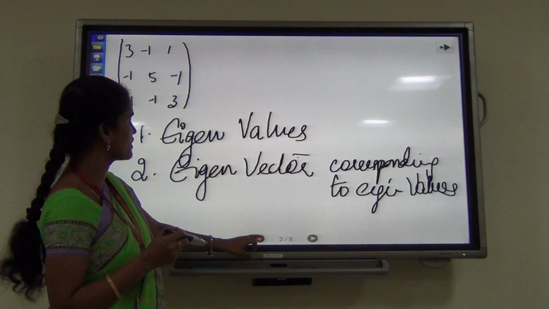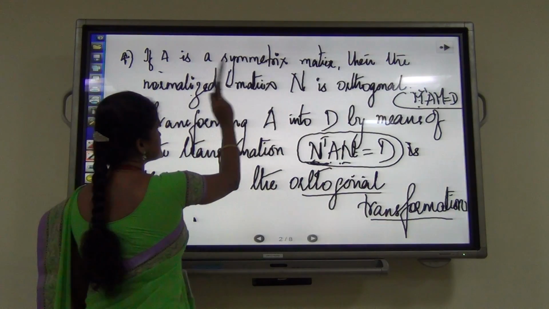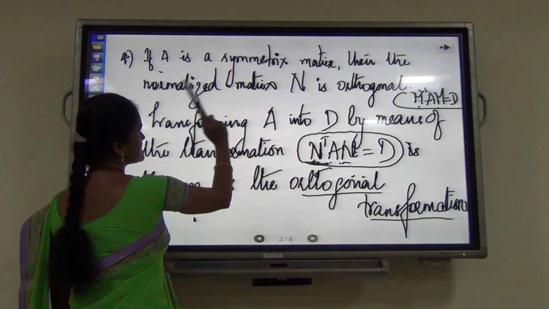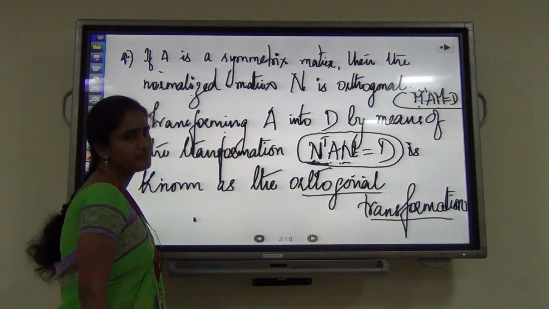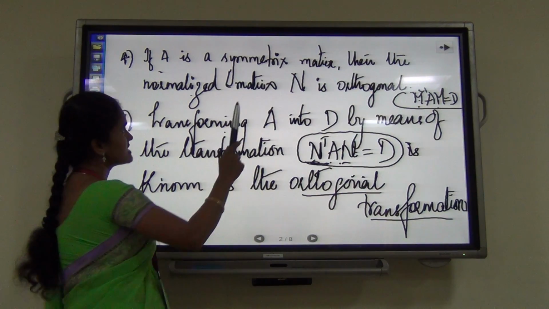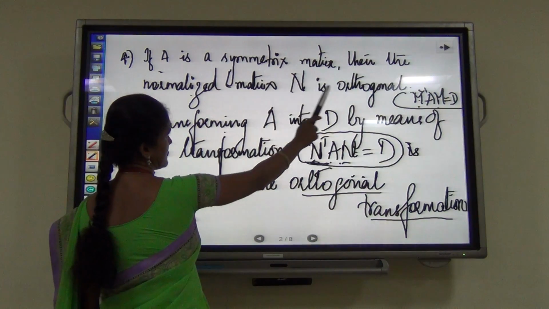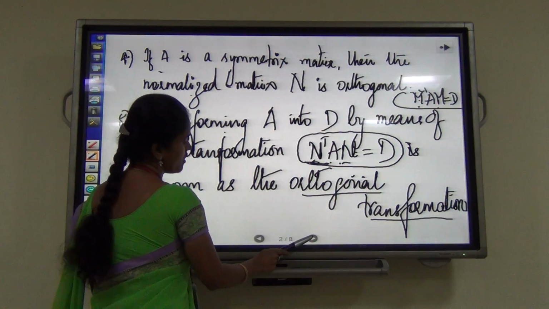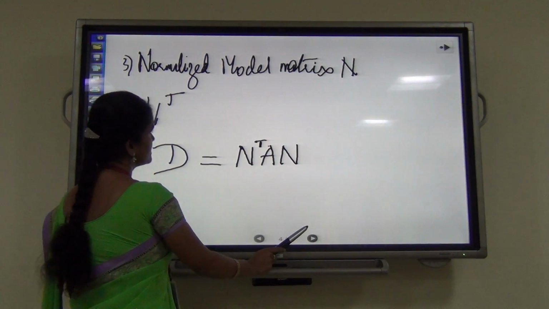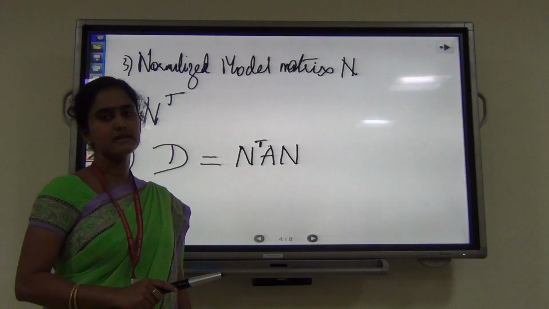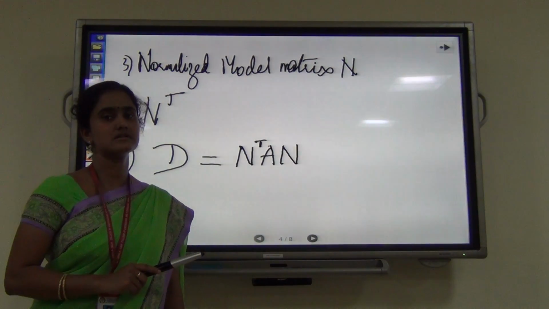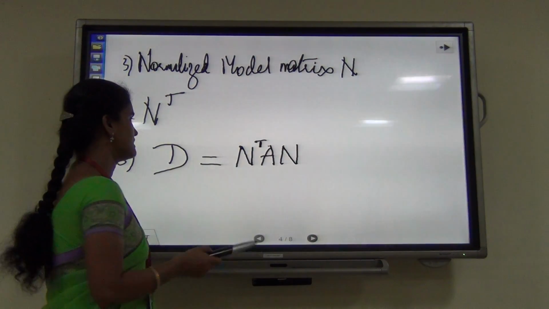We can recall that point. If A is a symmetric matrix, then the normalized matrix N is orthogonal. So we always check whether it is a symmetric matrix or not, and then we can proceed with orthogonal transformation to get a diagonal matrix.